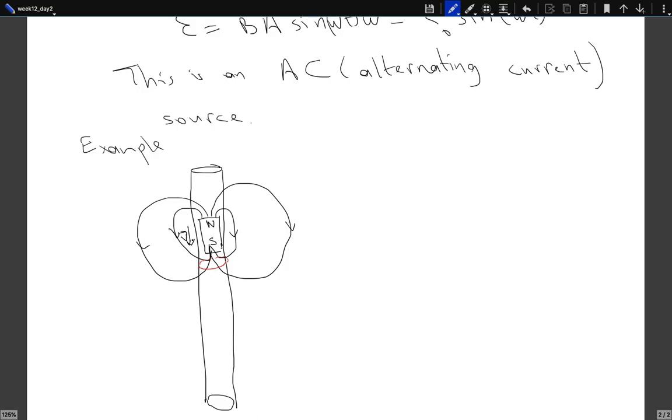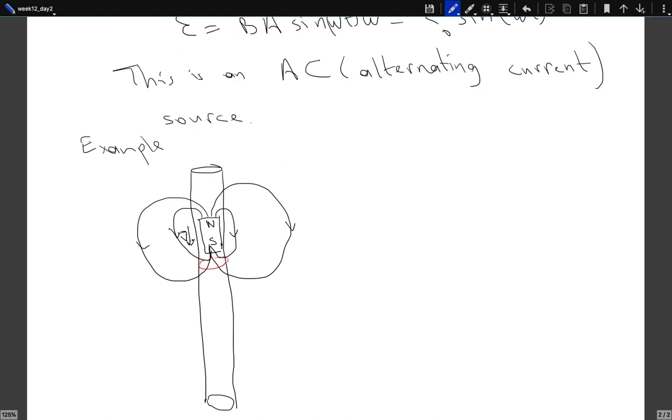Well, let's see. The magnetic fields point kind of upward. Close to the ring, they go upwards. As the magnet approaches, the intensity is increasing. So if you choose the direction of the area to be upward, the flux is increasing in the upward direction.